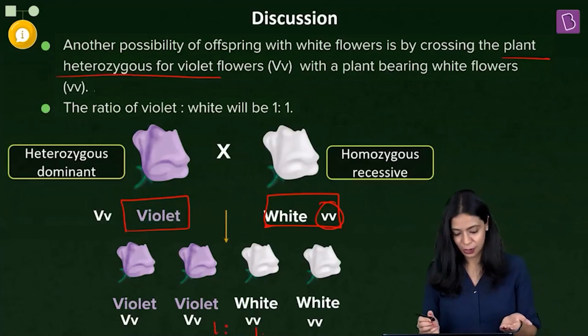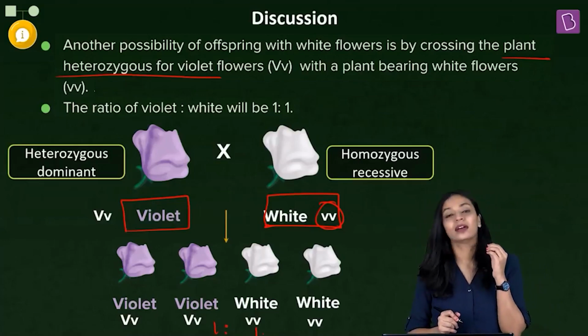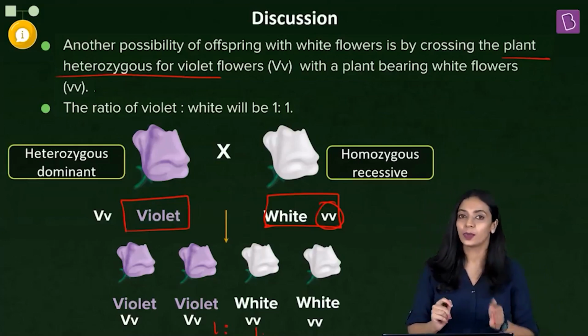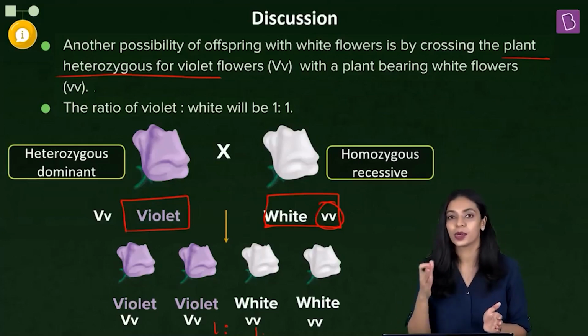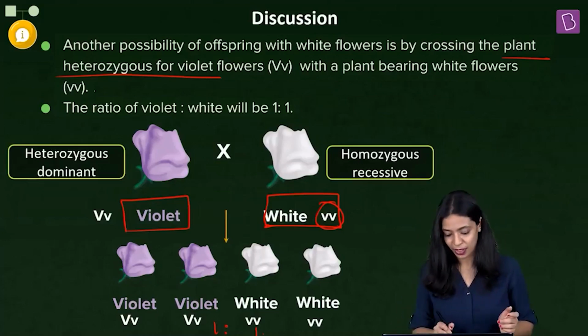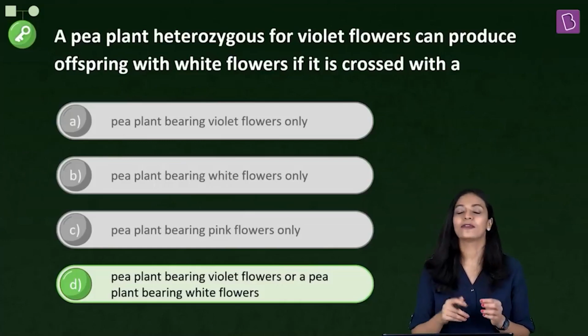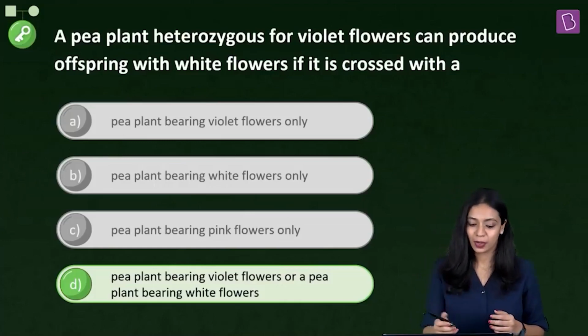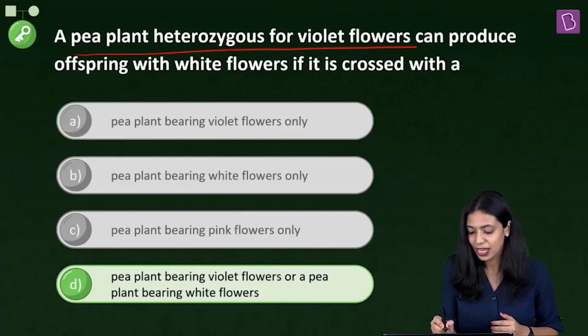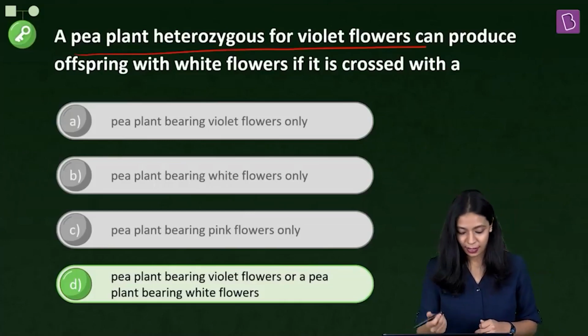This is similar to a test cross, right? So you would get plants that are producing violet flowers and plants that are producing white flowers in the ratio 1:1.